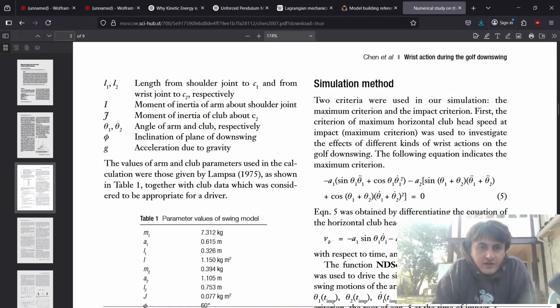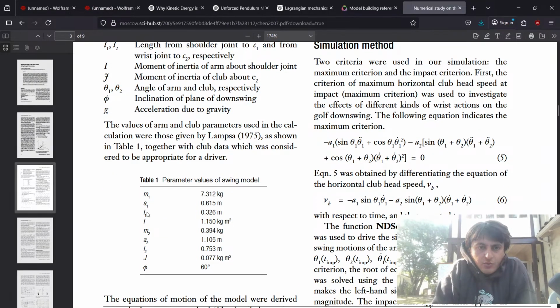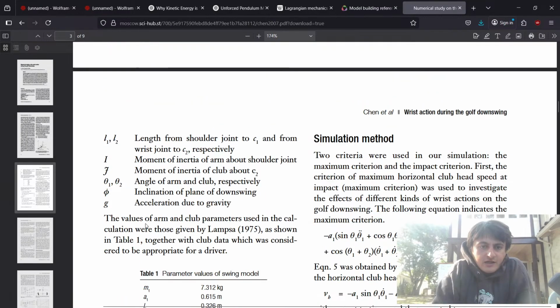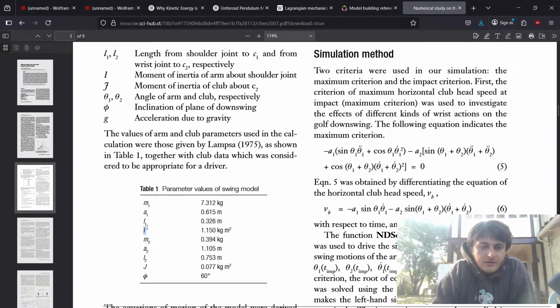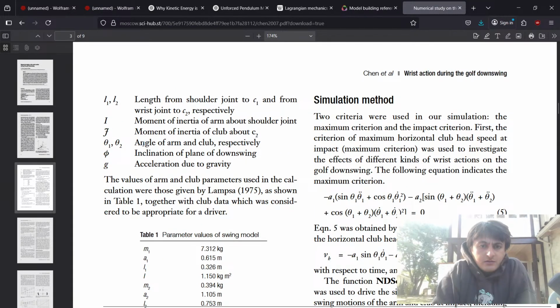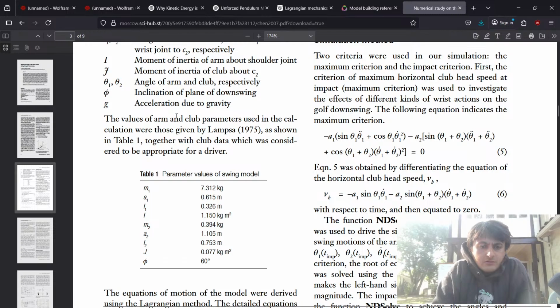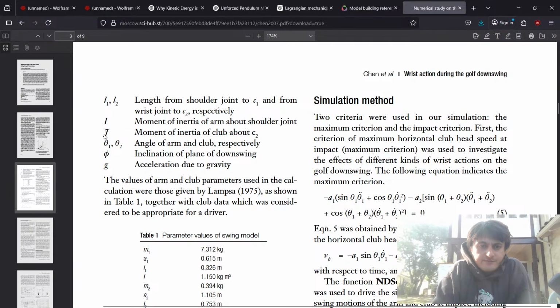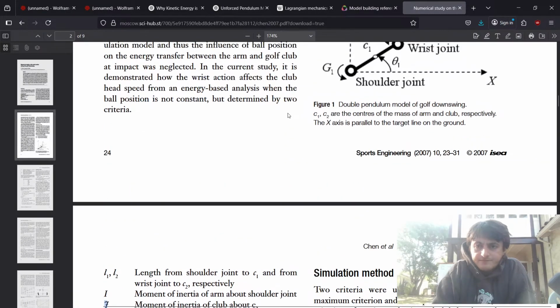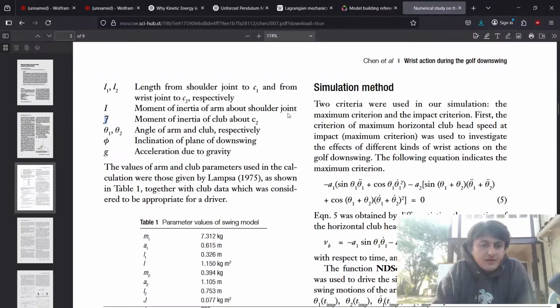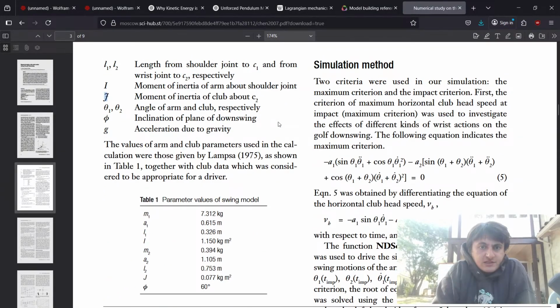So they have M1, A1, L1, I1, M2, A2, L2, and J. What was J? Is that a J? That's got to be the J, the moment of inertia of the club.